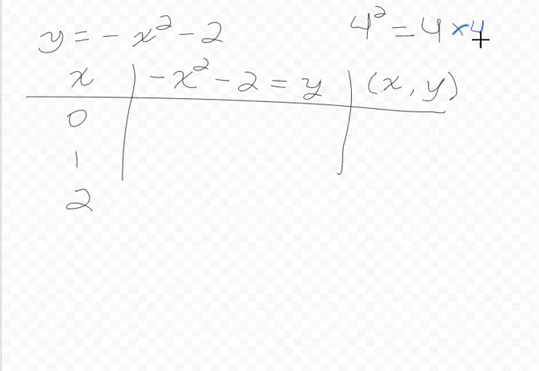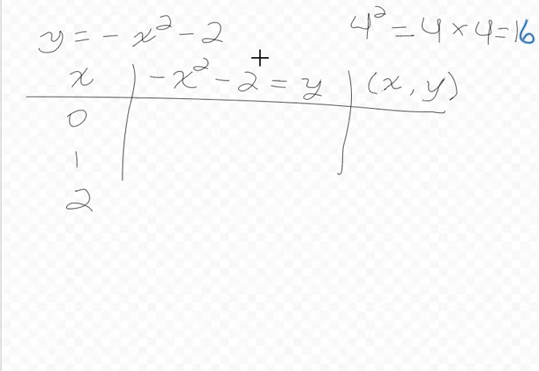So 4 times 4 equals 16. Again, my exponent tells me how many copies of the base I'm multiplying.